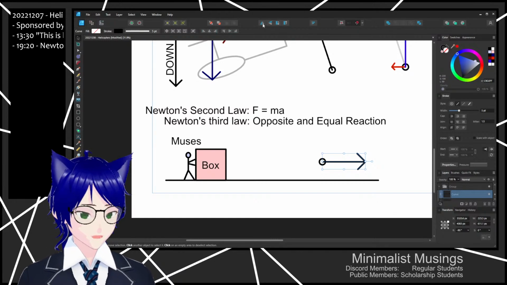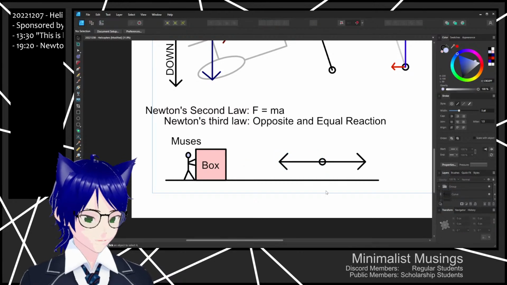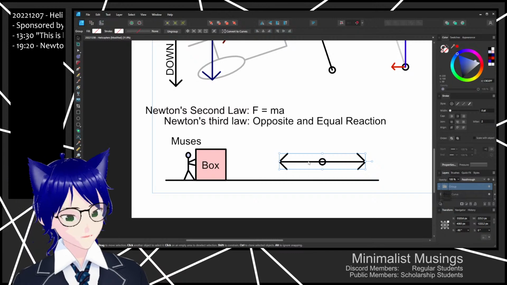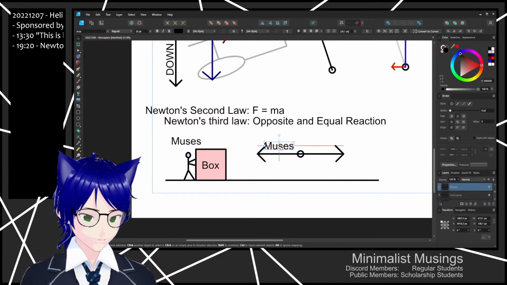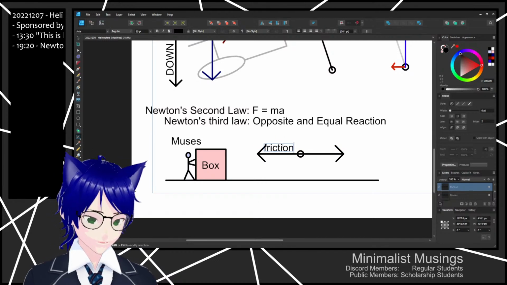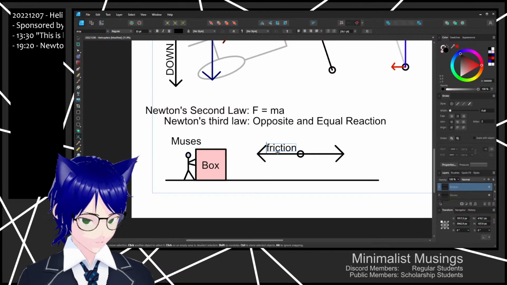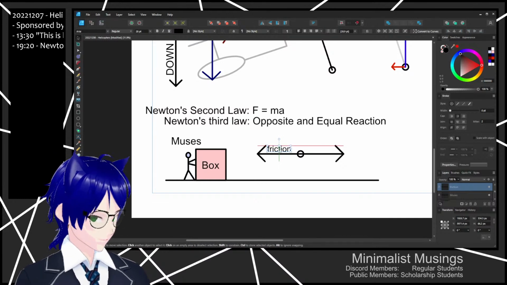So let me flip that around, put that over here. And so if the box is not moving, then, let's see here, friction. And friction actually is a function of the box, right? Because it's about the weight of the box on the ground. And I'm sure you guys know this.